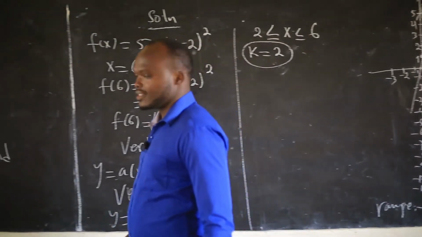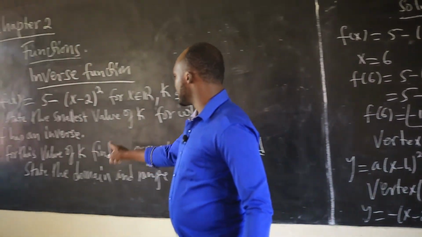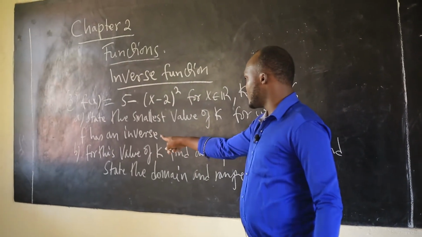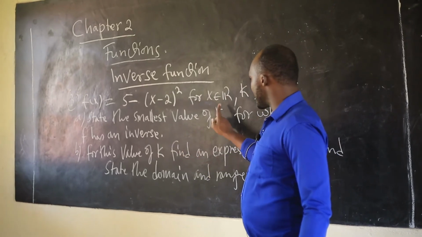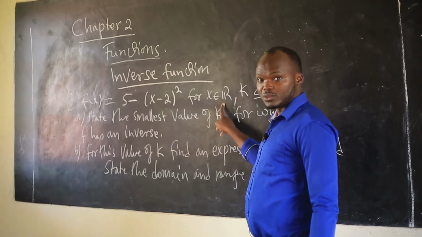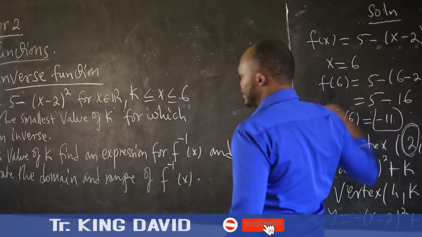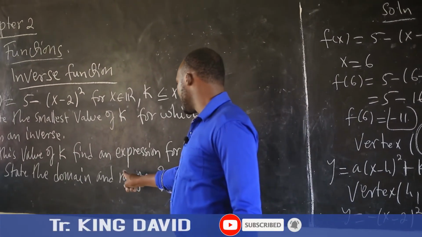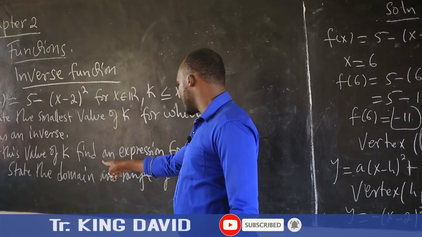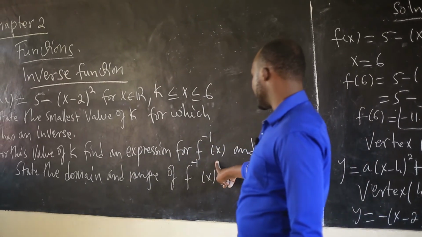They were saying to state the smallest value of k for which f has an inverse. The function has an inverse when it is 1 to 1. The positive value of k is 2. Then B, for this value of k, find the expression for the inverse.